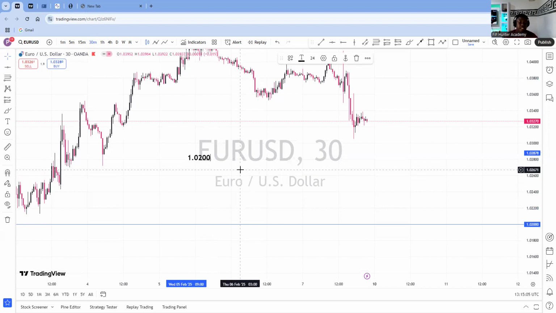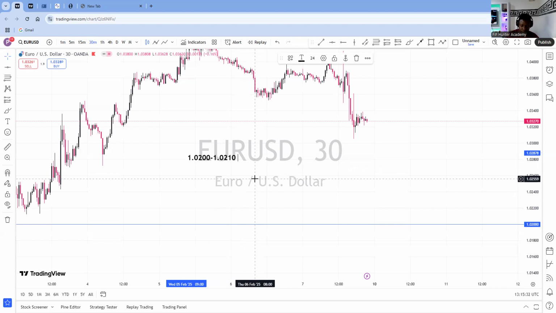So from 1.0200 to 1.0210, how many pips? That will give you 10 pips.